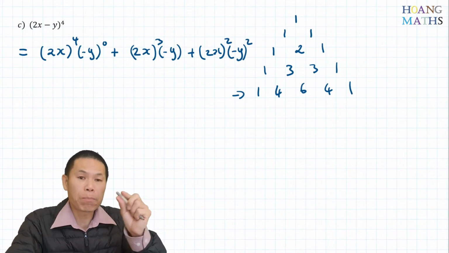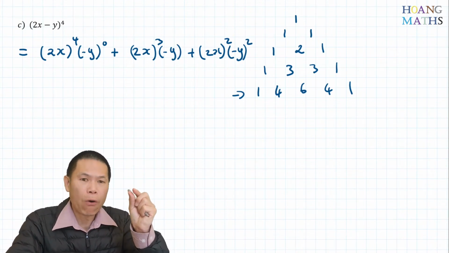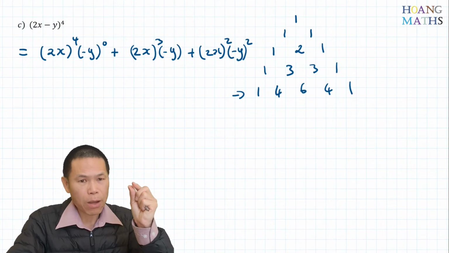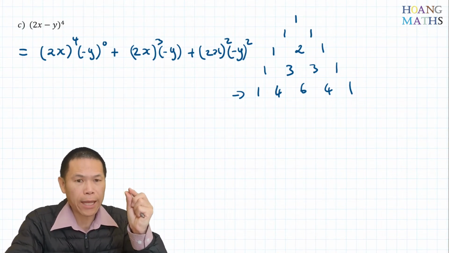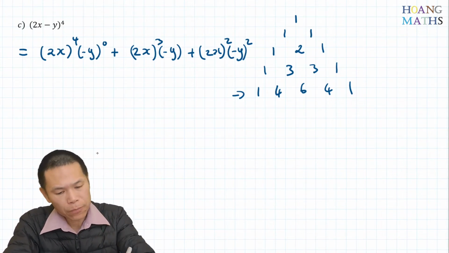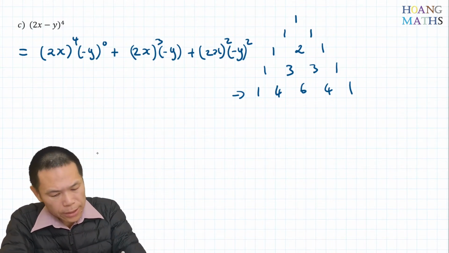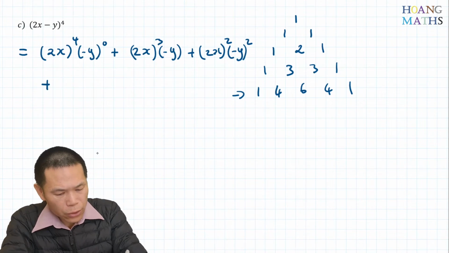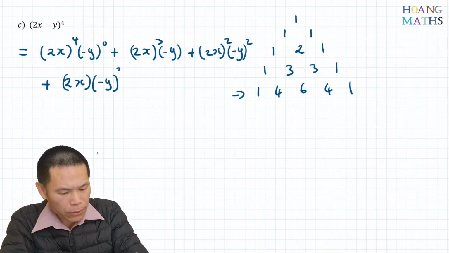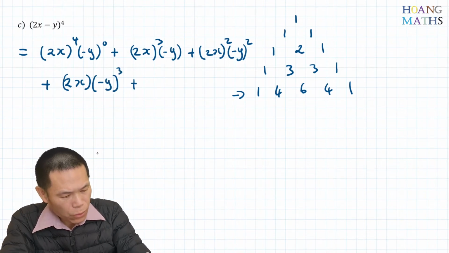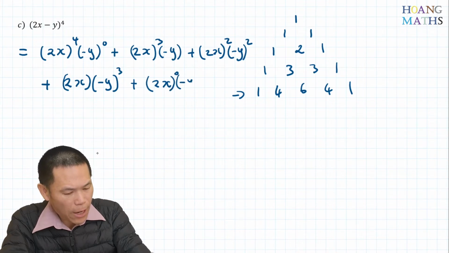Remember the indices, the powers always add up to give me 4, okay? Because the bracket's power is 4. So always the indices must add up to this 4 here, okay? Keep that in mind. And the next one is add 2x to the power 1 and then negative y to the power 3. And plus 2x to the power 0 and then negative y to the power 4.